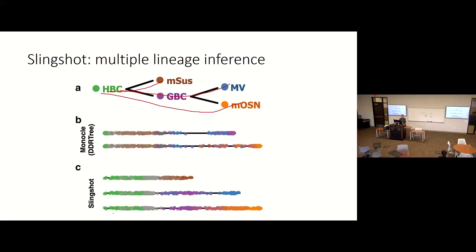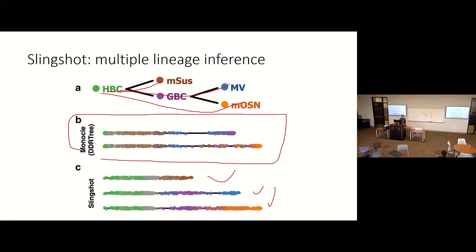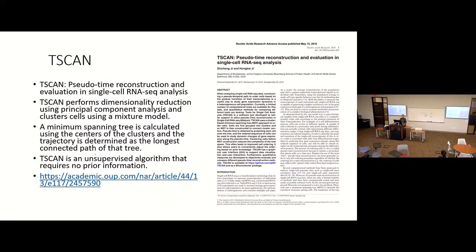This recovers 3 of the paths, while the other methods may not be able to recover all the trajectories. So, multi-linear inference. TSCAN is another method, and well documented. I could re-implement the whole thing by just reading the paper. It's pretty good.